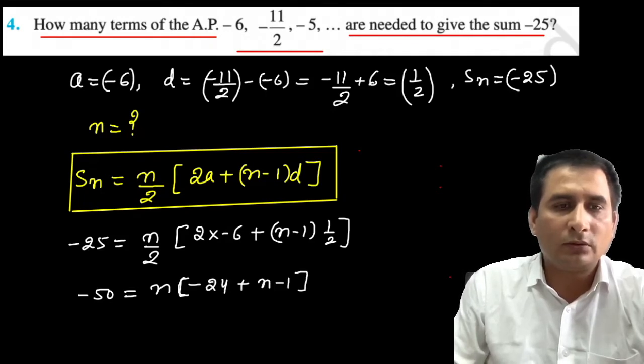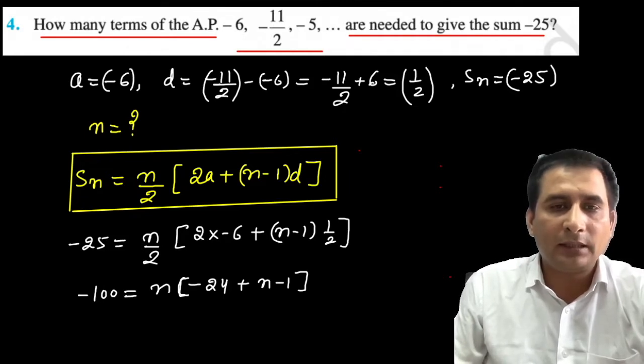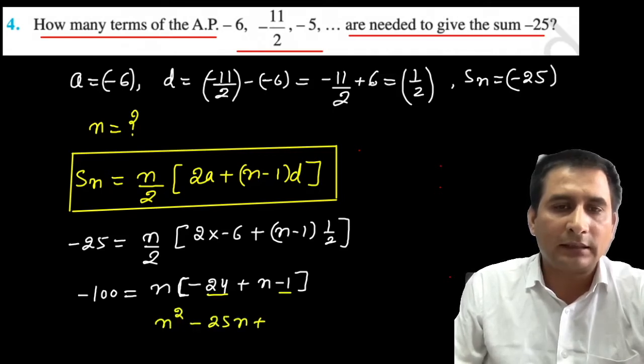And these two go to that side, so it becomes 100 on this side, right? So then we have obtained n multiplied by n minus 25, it becomes n square minus 25n plus 100.